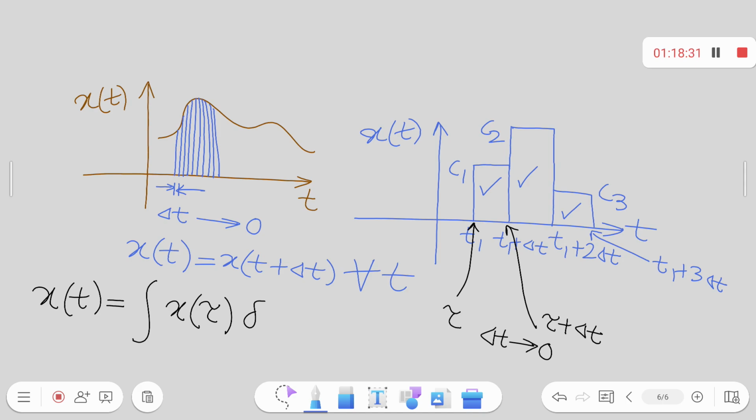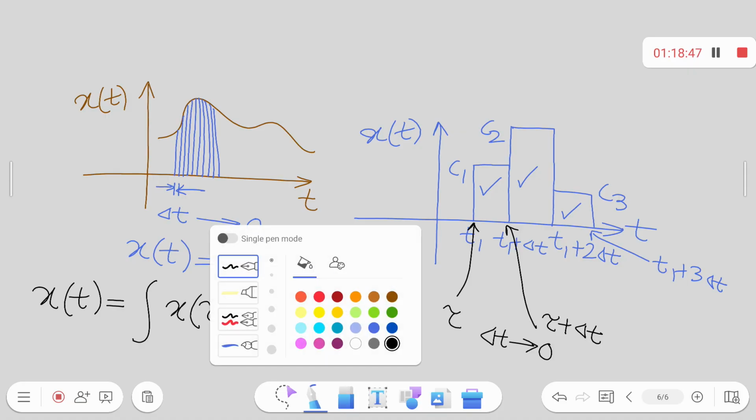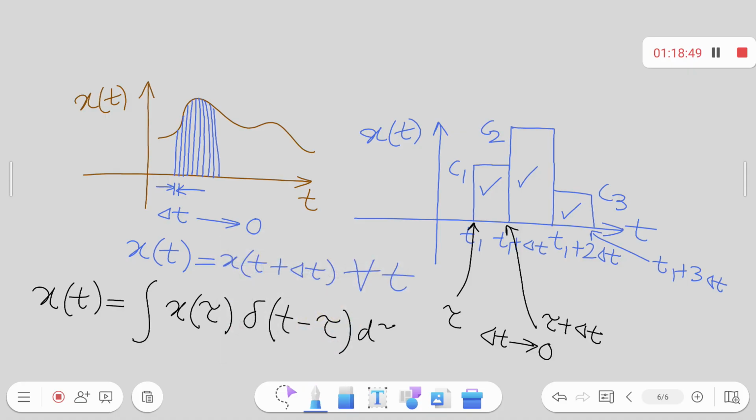So I could write over here delta t minus tau, and you have so many such x tau over here, right? So you need to integrate for all such tau ranging from minus to plus infinity.